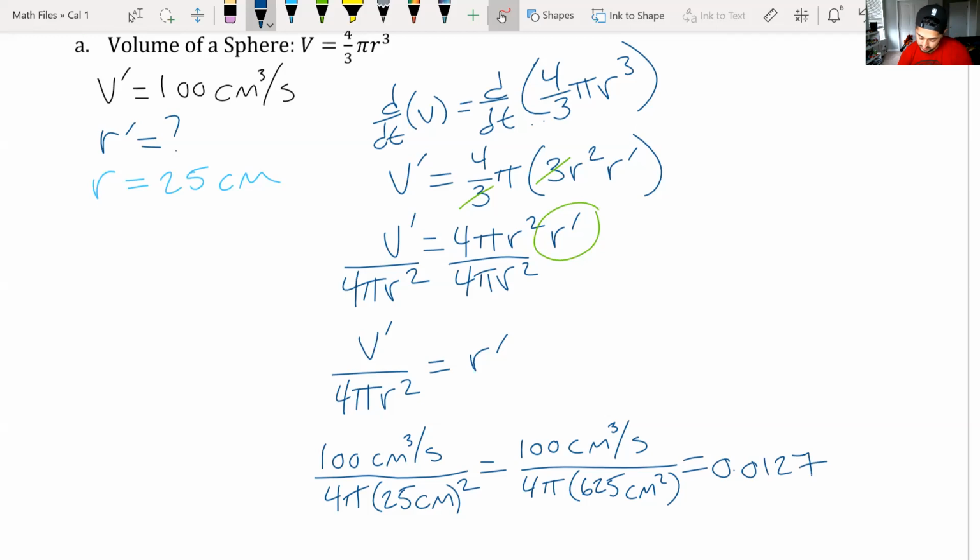That's perfect. Centimeters per second. The reason it's centimeters per second is because my cubic centimeters cancels with my square centimeters. And there we go. We could even round this to 0.013 centimeters per second.